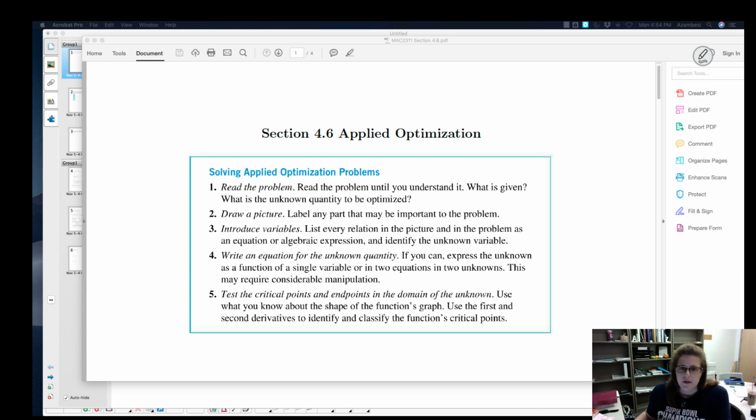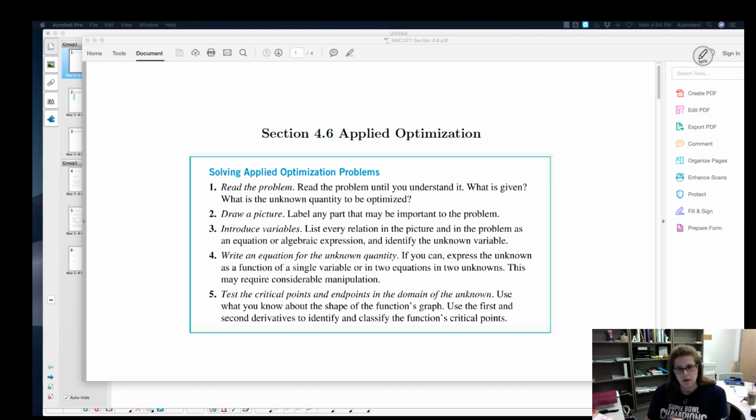Then after that, you're going to draw a picture. I'm a terrible artist, so you're going to see some of my terrible pictures today. You'll introduce variables, write an equation for the unknown quantity in terms of a single variable. So this means that we're going to write it in terms of just x or in terms of just y. Then we're going to look for the critical points and the endpoints in any particular domain.